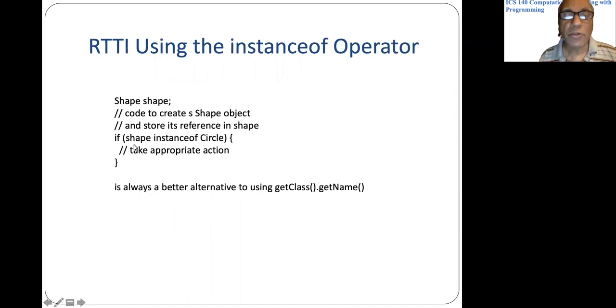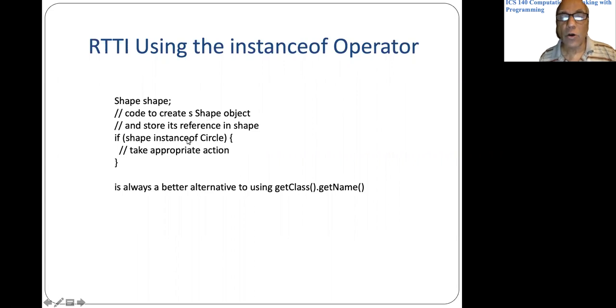So you might want to use this: if shape instanceof Circle. So you could ask an object reference, were you created as a circle object? instanceof is one word, no space here.